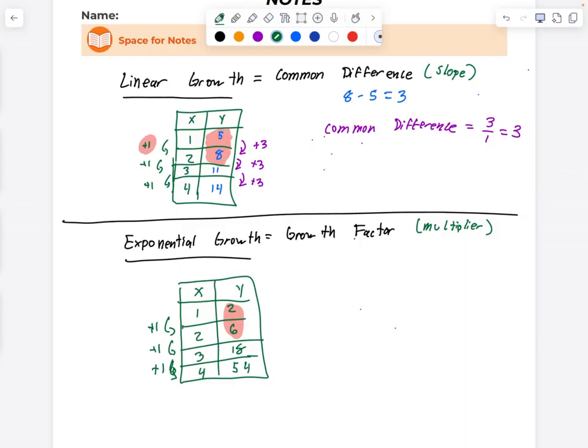We can take any number, in this case 6, and divide it by the previous number, as long as it's going up by 1s. And I get 3. So in this problem, my growth factor is 3.